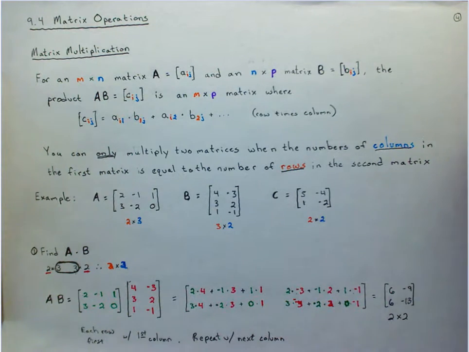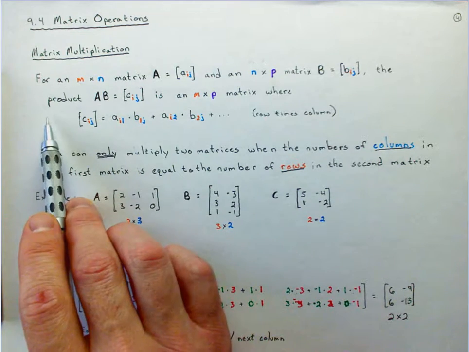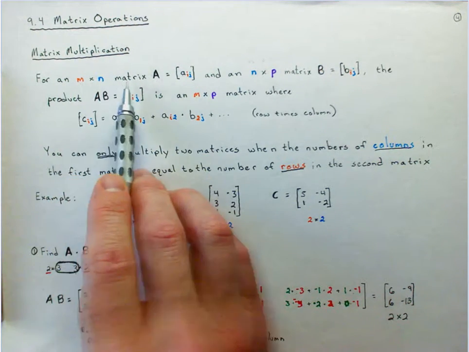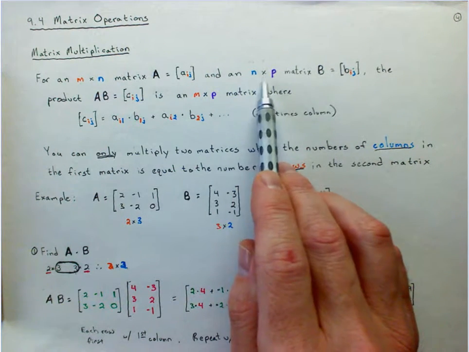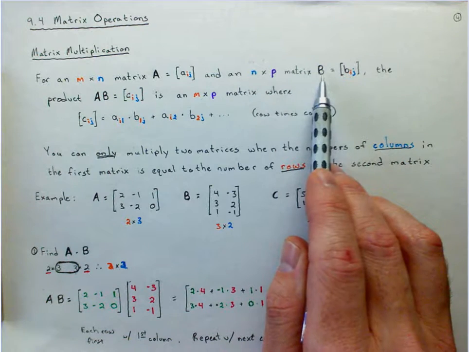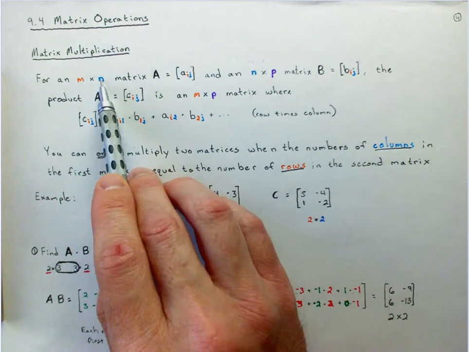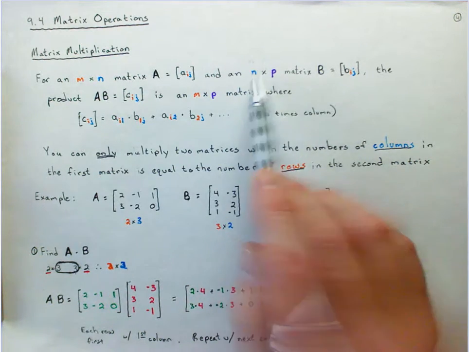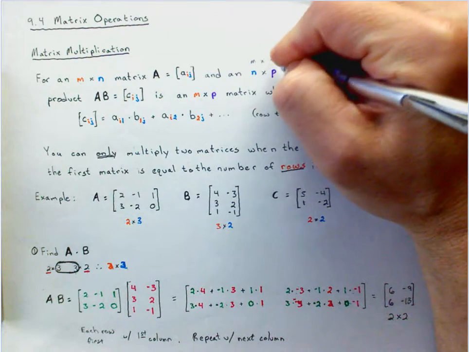So the first thing we're going to do is just talk about the basic definition of matrix multiplication. For an m times n matrix A and an n times p matrix B, row column, this is also row column. This is still m times n per se.